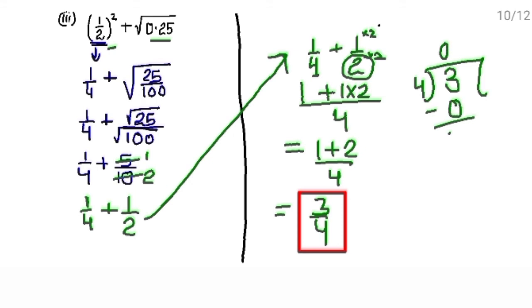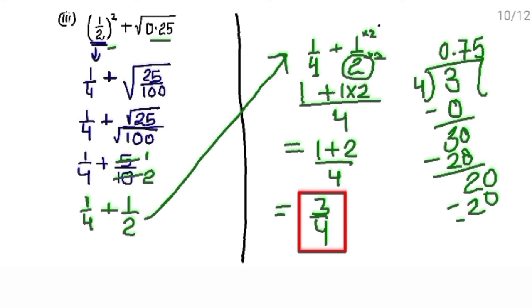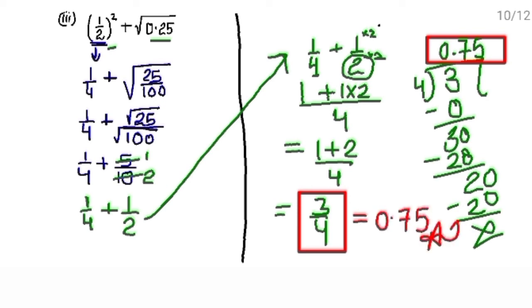Possible नहीं है. 3 put decimal, take 1 0. 4 sevens are 28. Subtract 2. You already have decimal, so you can put 1 0. 4 5s are 20. Right? So when you have converted this 3 upon 4 into decimal, what do you get? You get 0.75. So this is your answer.